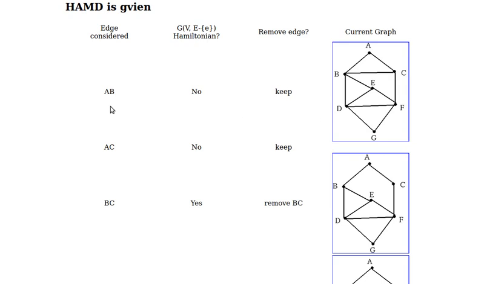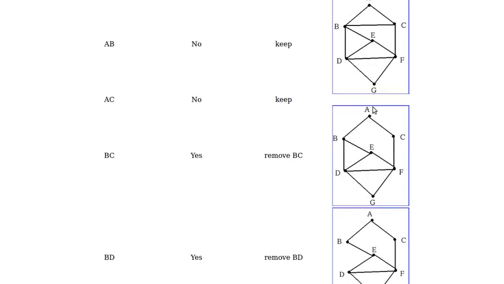For instance, when removing edge AB, HAMD indicates that the resulting graph is not Hamiltonian. Therefore, we retain edge AB. Next we remove AC. HAMD says no, so we keep it. Next we remove BC. HAMD says that the remaining graph is still Hamiltonian, so we remove it and this is the remaining graph.